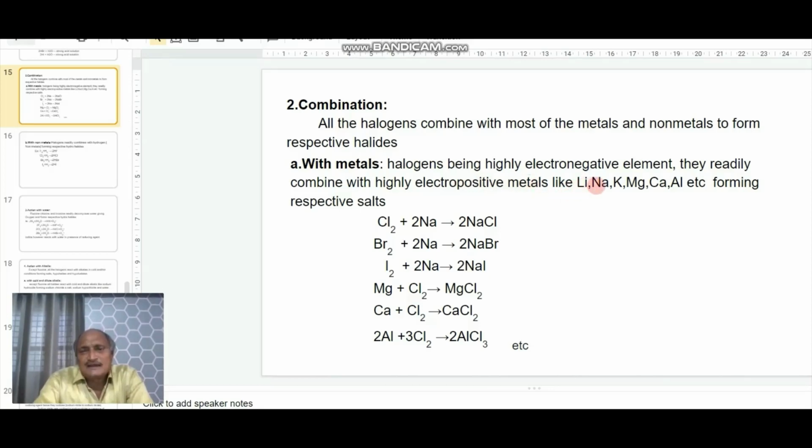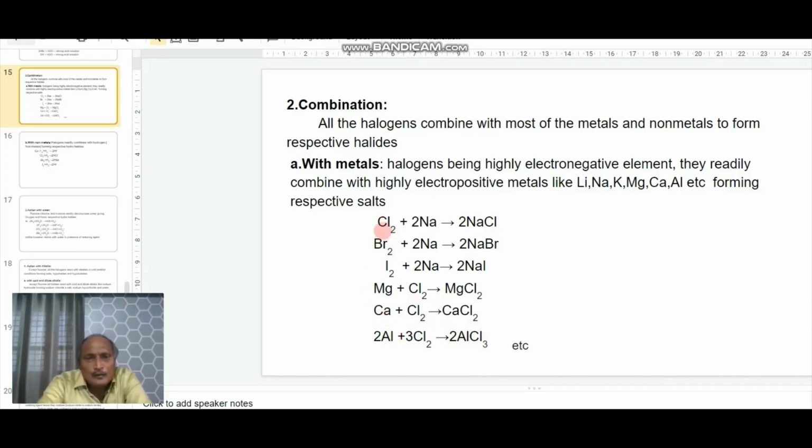Here all halogens react with metals like lithium, sodium, potassium, magnesium, calcium and aluminium, etc. Halogens react with almost all alkali metals, alkaline earth metals and d-block elements, and also react with aluminium to form the respective chloride.